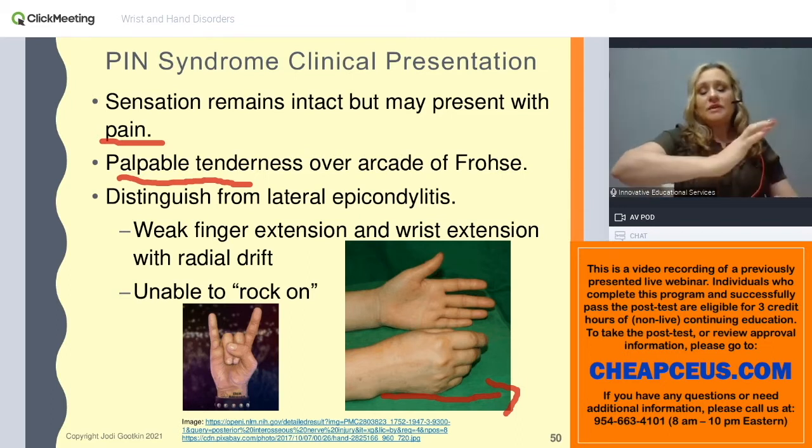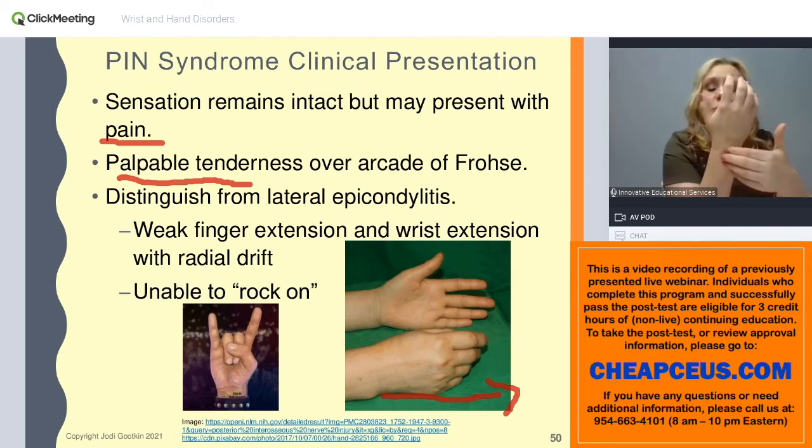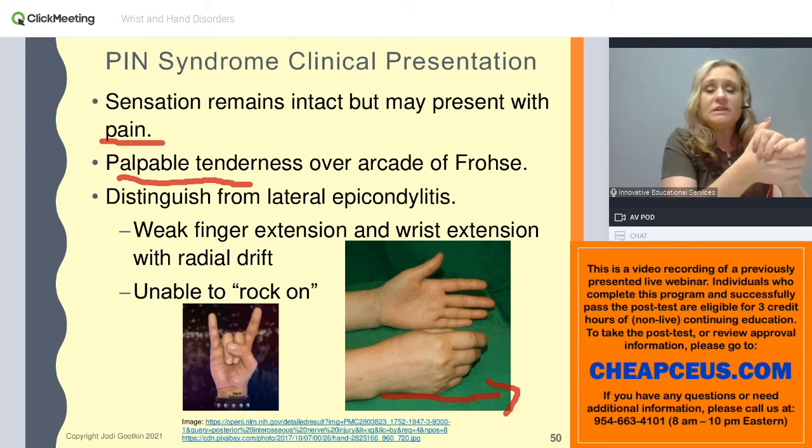So when you look at this patient performing wrist extension, even if they can only do a little bit, look at the quality. You tend to see a little more of a radial drift to their wrist extension, and if you go in and isolate out each of those muscles, it'll again help you hone in on the difference between posterior interosseous nerve syndrome from that lateral epicondylitis.